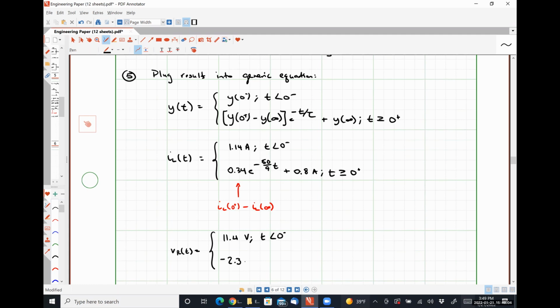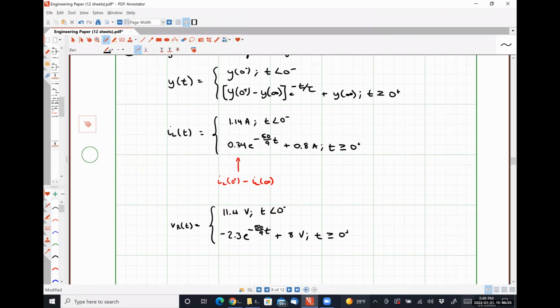Negative 2.3 e to the negative 50 over 9 t plus 8 volts, t greater than or equal to 0 plus. There, just as a reminder, this number right here is simply VR at 0 plus minus VR at infinity.